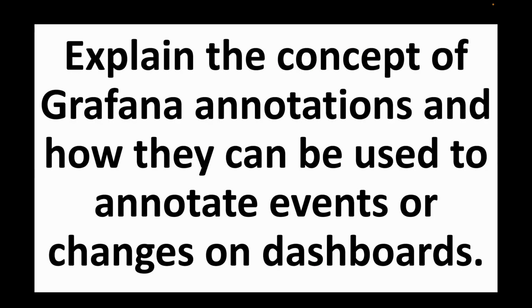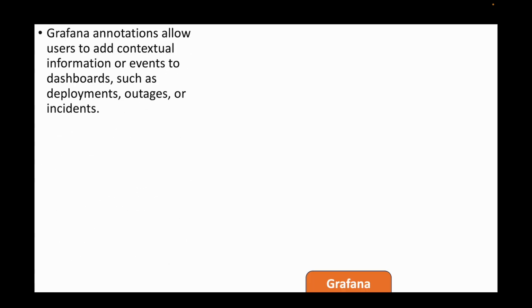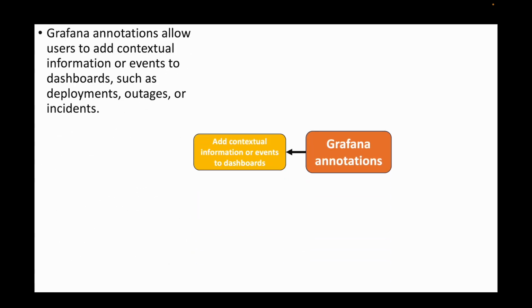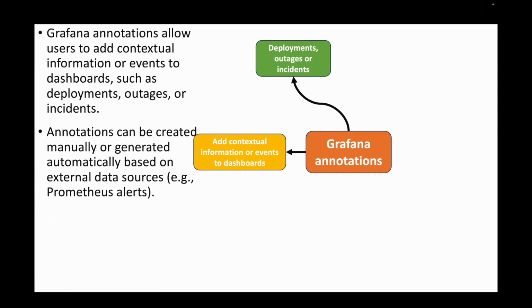The next question we have is, explain the concept of Grafana annotations and how they can be used to annotate events or changes on dashboards. So Grafana annotations mainly allow us to add any contextual information or any events to the dashboards. Now, these events could be when we are doing the deployments, or there are any outages, or there are any incidents. We can basically add all these things to the dashboards by making use of annotations.